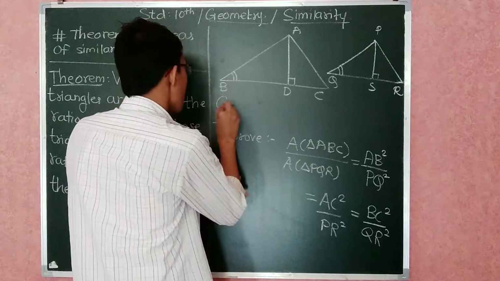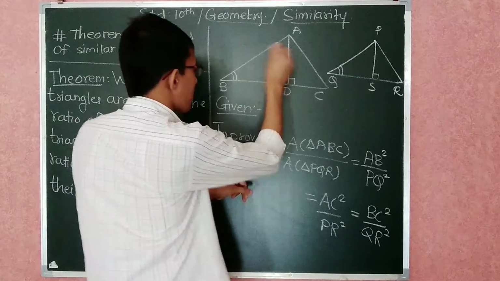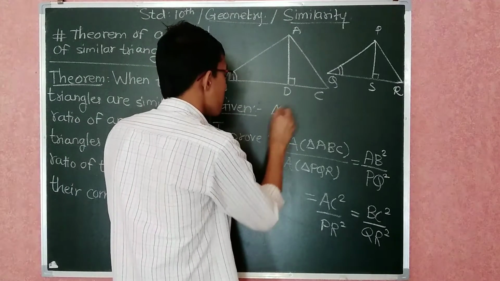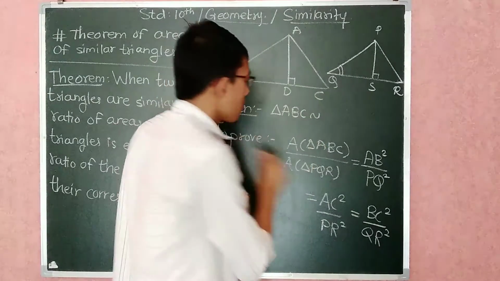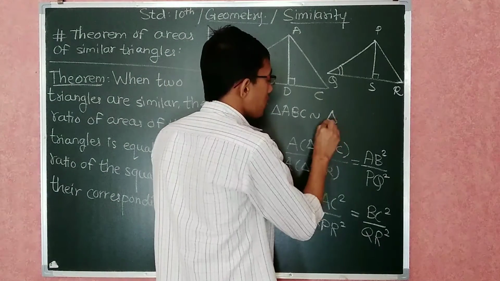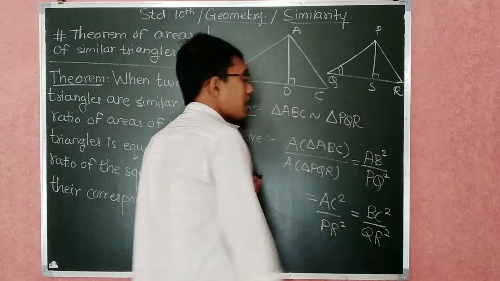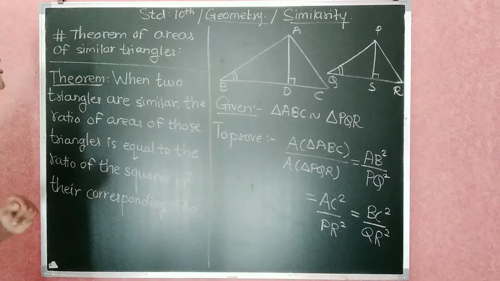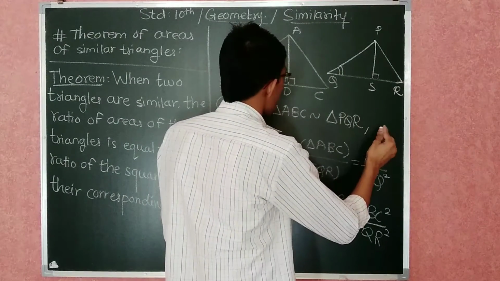We have the given data that triangle ABC is similar to triangle PQR, and what else have we been given in this theorem?